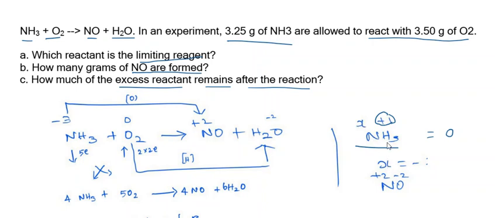So if x plus 3 is equal to 0, therefore x is equal to minus 3. So this is the oxidation number of nitrogen in ammonia, that we have indicated here. And then oxygen, for a neutral molecule, the oxidation state is 0.